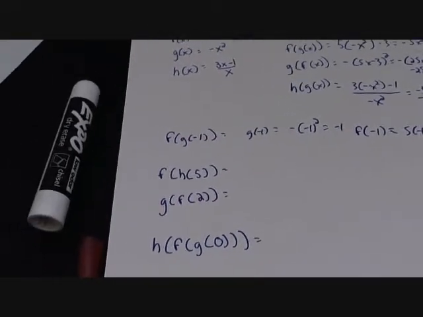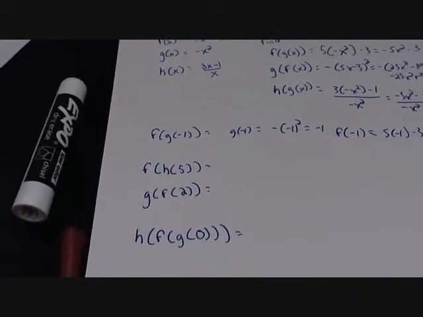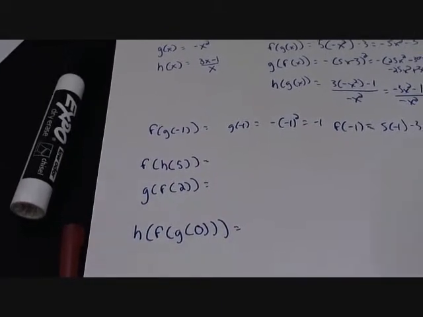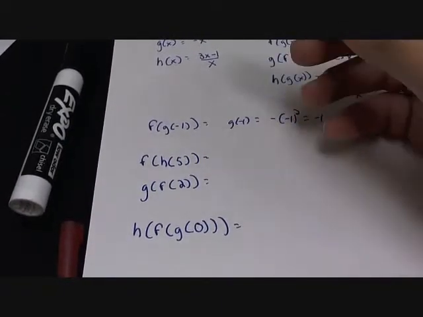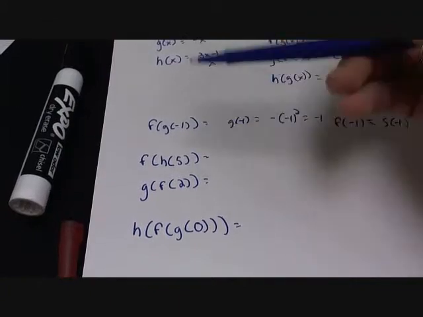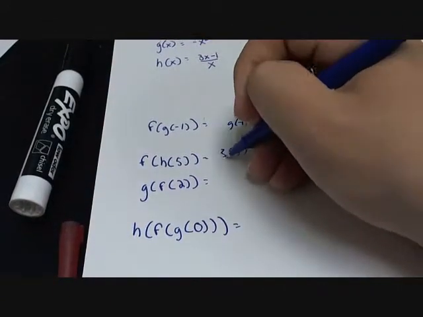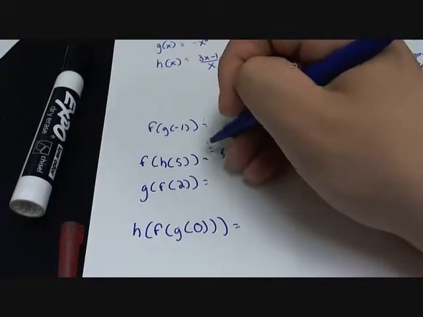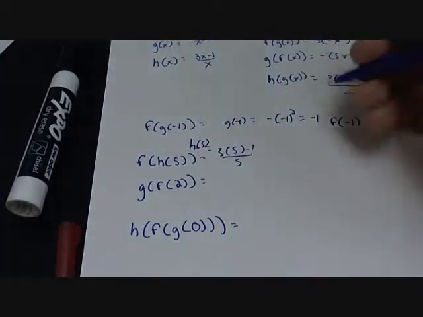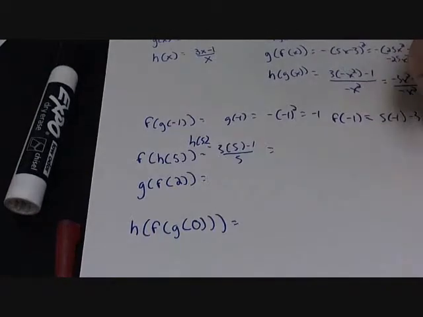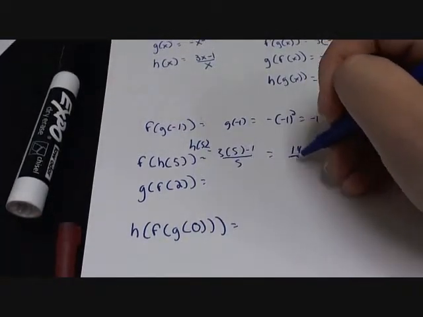So if you plugged in negative 1 into the long expression, negative 1 squared would be 1, times negative 5 would be negative 5, minus 3 is negative 8. Same thing. All right, now f of h of 5. So again, plug in 5 to your h. You're going to get 3 times 5 minus 1 over 5. So 3 times 5 is 15, minus 1 is 14, so 14 over 5.